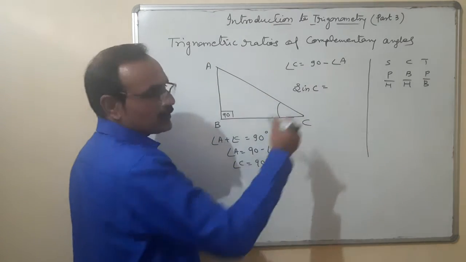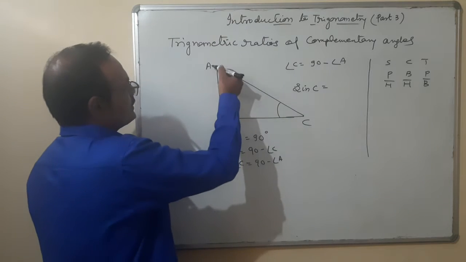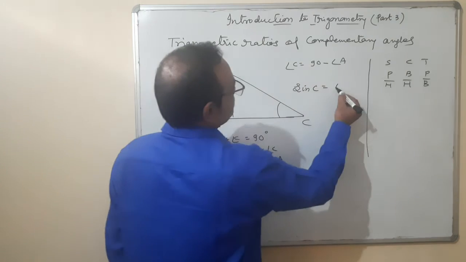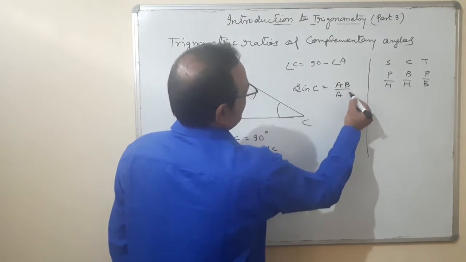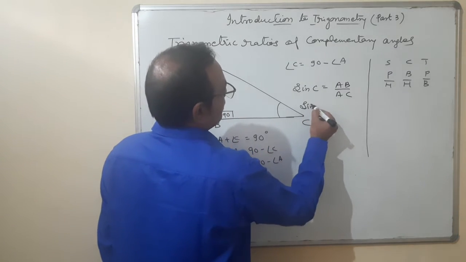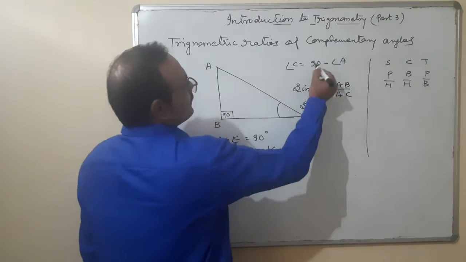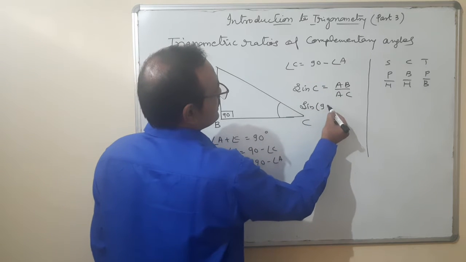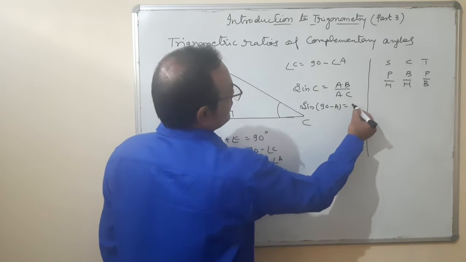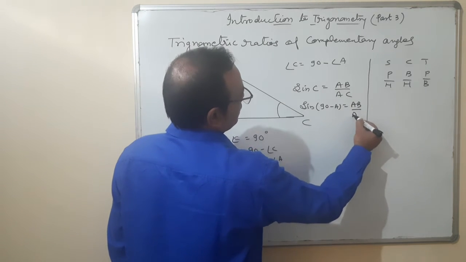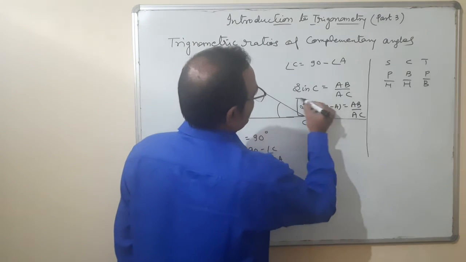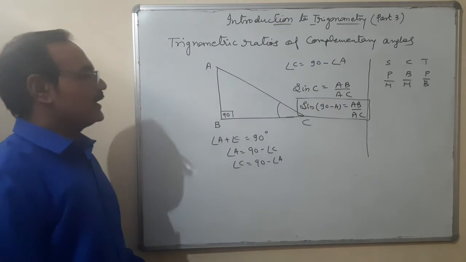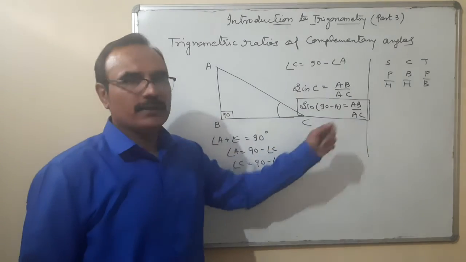Sine is perpendicular upon hypotenuse. So I write sine C is equal to AB upon AC. In place of C, I can write 90 minus A, so sine 90 minus A is equal to AB upon AC. No doubt in it.